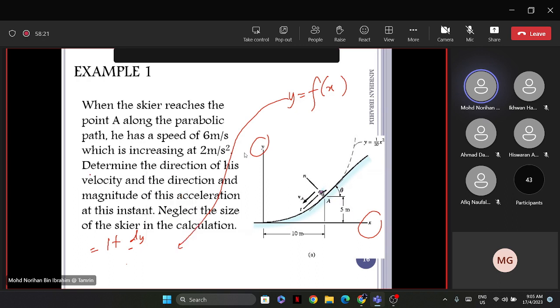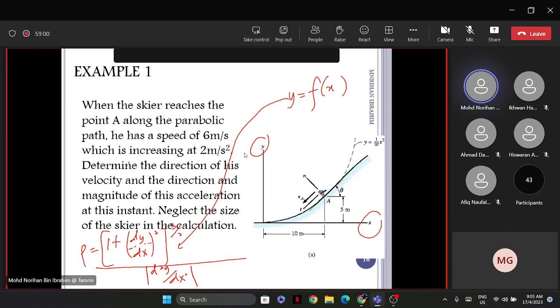So rho, the radius of curvature, rho is equal to 1 plus (dy over dx) close bracket to the 2, power of 3 over 2, kuasakan 3 per 2, divided by d squared y over dx squared. The first step of derivative, second step of derivative for this one.